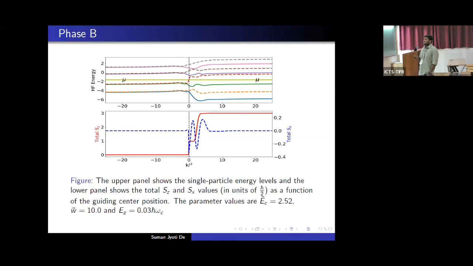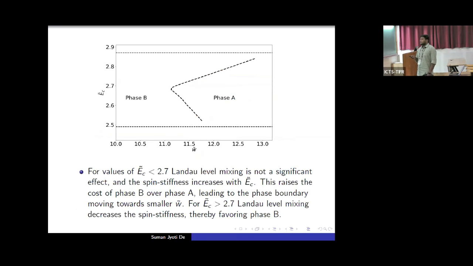So in our case, the total spin at the interface rotates in the xz plane, and we have chosen our ansatz such that it's in the xz plane. You can also do it in the yz plane, but the main fact is that it breaks the U(1) spin symmetry about the Zeeman axis for this phase B.